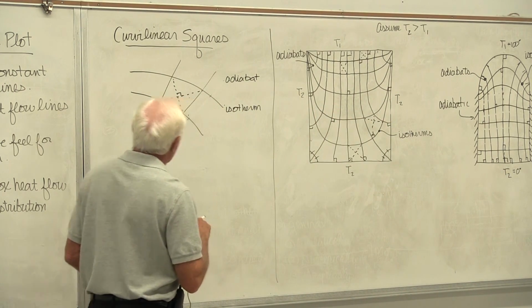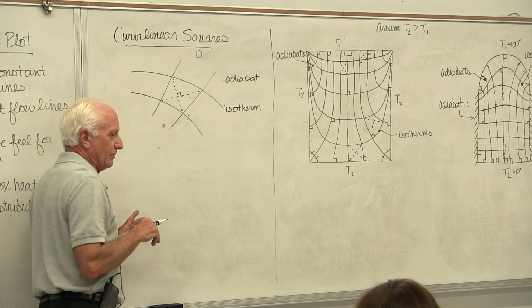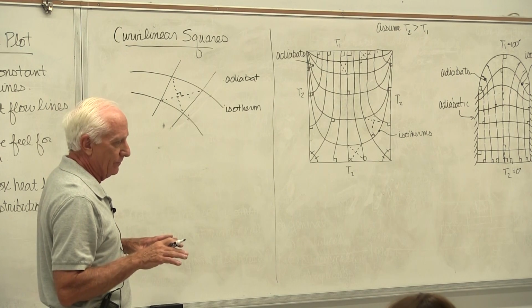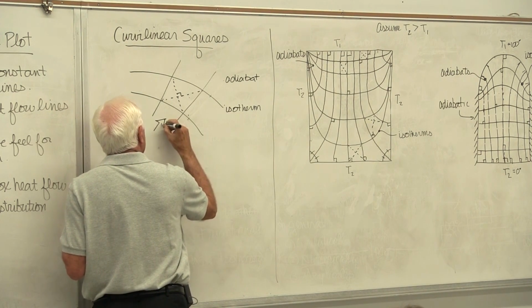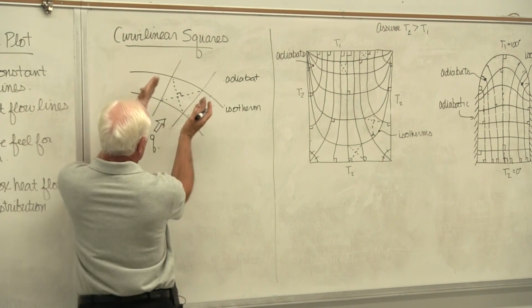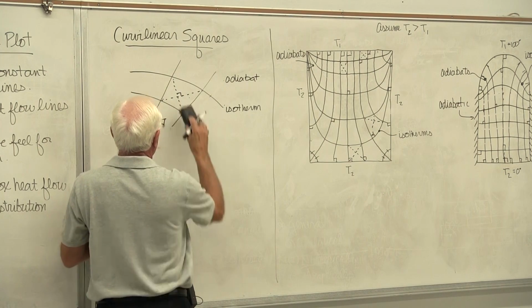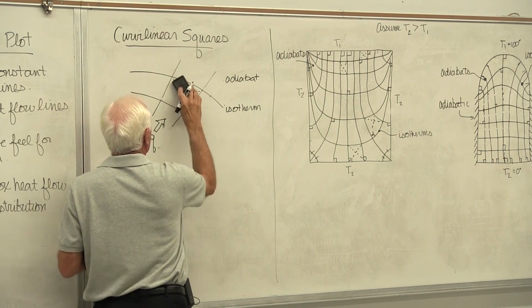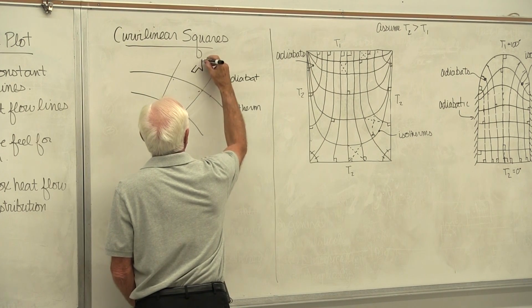Okay. And by the way, why are the heat flow lines called adiabats? Well, here's what happens. Here comes some heat, Q. It goes between these two lines. The same amount of Q comes out here.